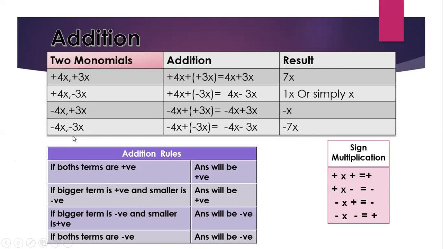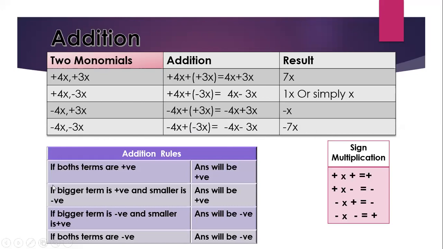Now, if both the values are negative, here plus minus, minus, the signs are multiplying. So plus minus, minus, and when both the signs are negative, minus 4 and minus 3, we get minus 7. Plus 4 plus 3, plus 7; minus 4 minus 3, minus 7.